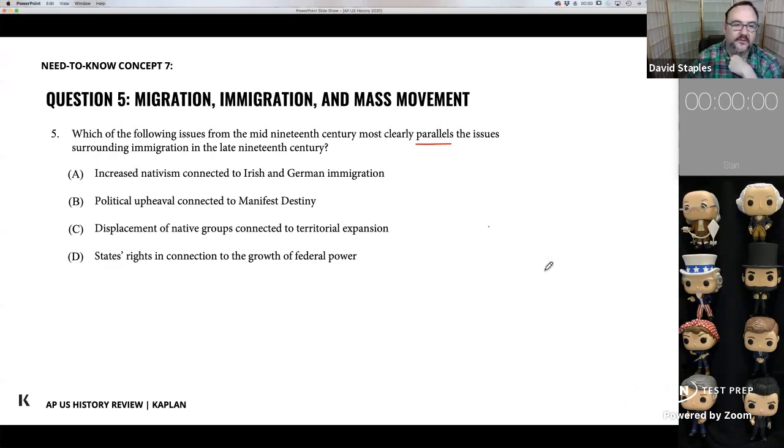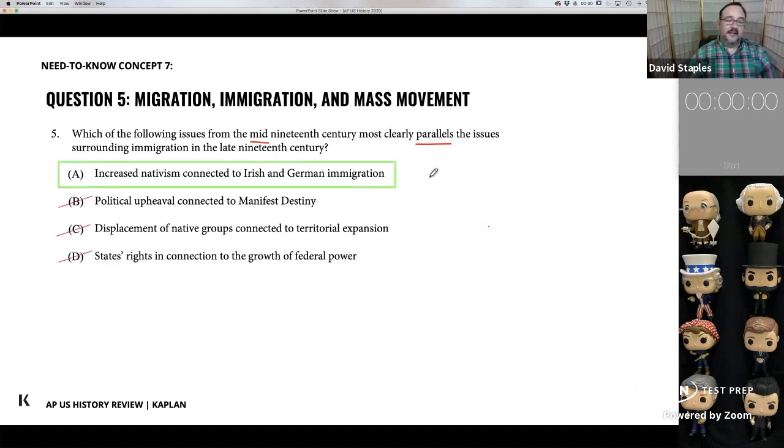Okay, so which of the following from the mid, so this would be that 1810 to 1840, most clearly parallels the ones from the 1880 to 1920? Which of those is going to be the same? You guys got it, A. So there was nativism towards German and Irish immigration, which if we go back to that whole idea, Germans and Irish are going to be more obvious than English immigrants.